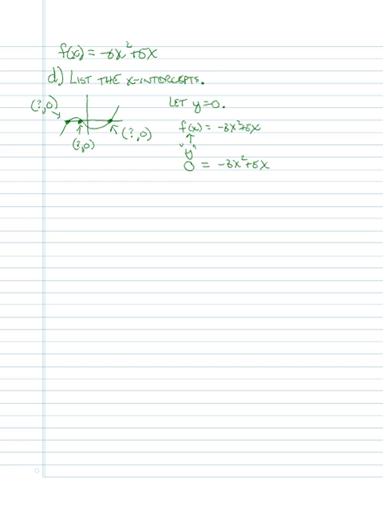Now, in this particular case, I notice on the right side I have a common factor of x. And so I can factor that common factor of x out, and I would have something that looked like this. Now to solve this equation, I would take each of the factors, x is one of them, and set it to 0, and take the other factor, negative 3x plus 5, and set it to 0.